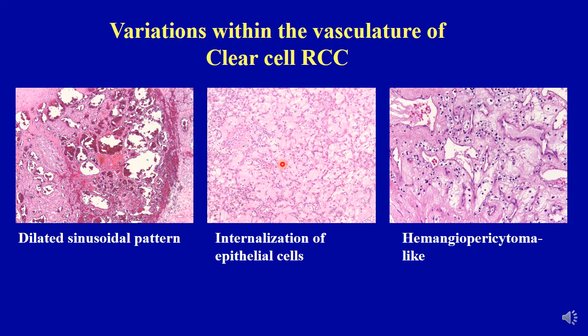Sometimes this vasculature can be so prominent that the cells lining those surrounding vessels may get internalized or may not be easily appreciable, and this type of vasculature itself should raise your concern regarding clear cell renal cell carcinoma. And sometimes you may have a staghorn type of branching vasculature, which has also been referred to as hemangiopericytoma-like vasculature of clear cell renal cell carcinoma.